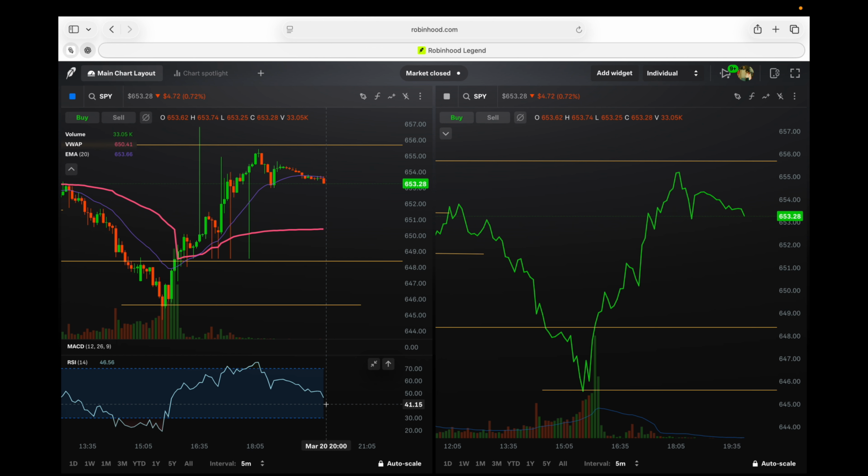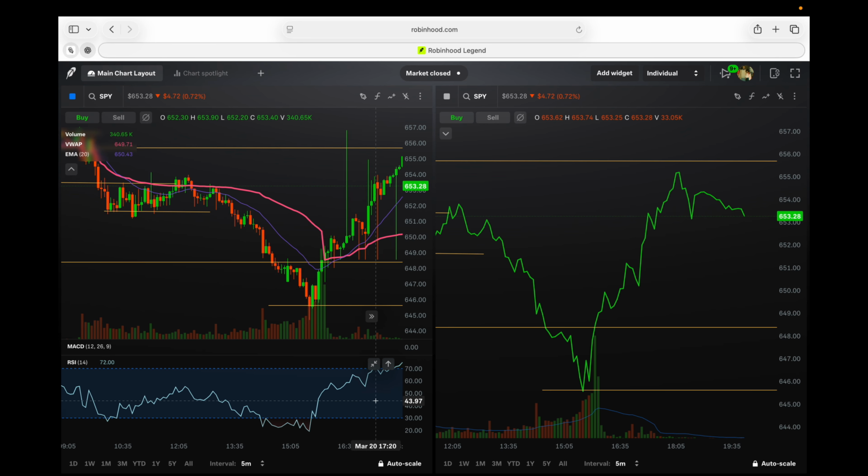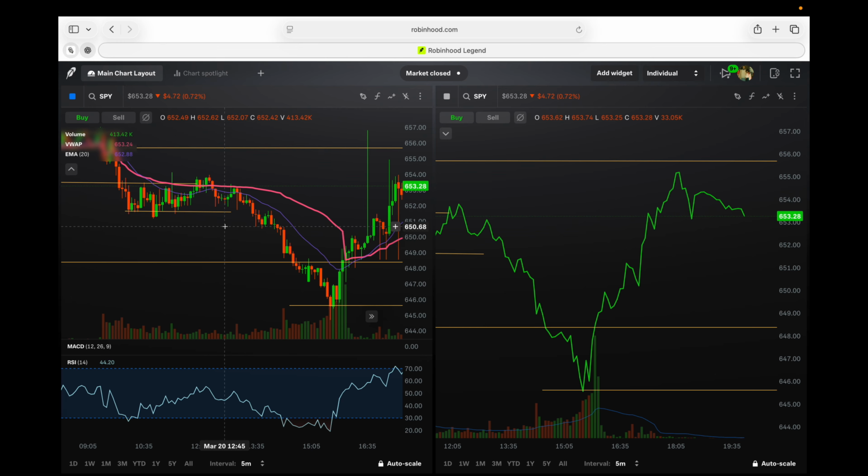But before I consider us going down, I like to see us around RSI 37. Normally the market continues to go down. If we go back to where the market started to trend down in this area here, I go right down to RSI. We were at around 39, 40.